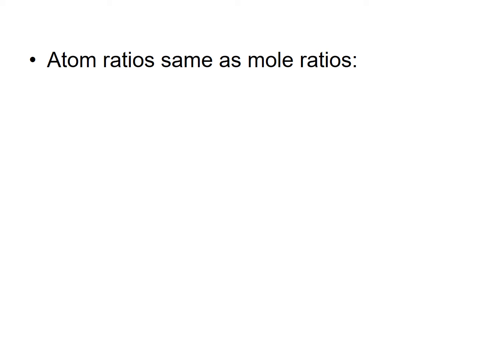Now, the way this is useful to us is that if I know the ratio of a certain number of atoms or molecules in a chemical reaction, for example, if I know that one water molecule contains 2 hydrogen atoms, then I also know that 2 water molecules contain 4 hydrogen atoms, or going to large numbers, 1 million water molecules contain 2 million hydrogen atoms.